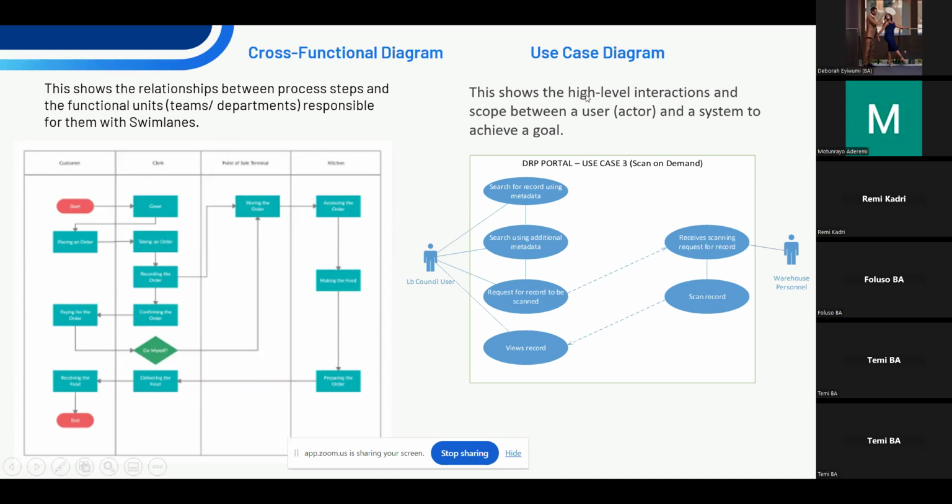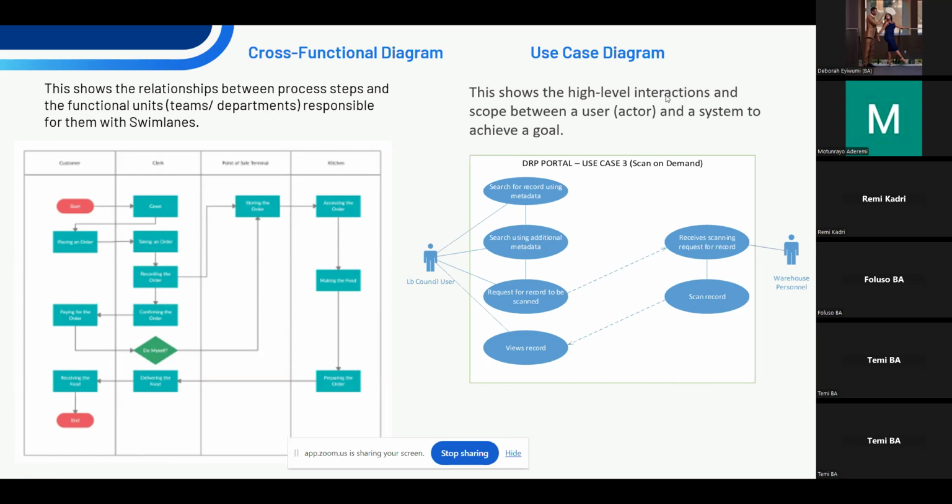Then the other very important one is called the use case diagram. Some people mix it with user story. It's not the user story. User story is something different. But there are things called a use case.